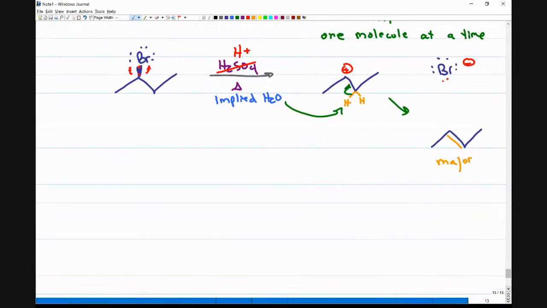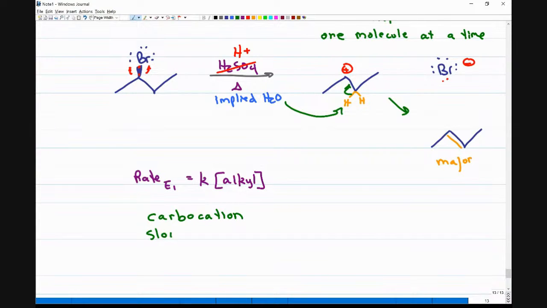So what do we need to know about an E1 reaction? E1 has a rate, because the carbocation is the slow step, it's going to be some constant K times just the alkyl halide. That's it. It's the carbocation formation. The key intermediate in an E1 reaction is a carbocation.